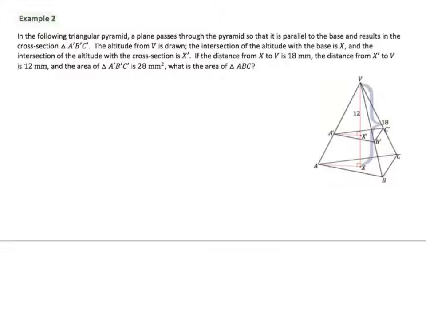So I have the altitude that's going through X and X prime, right? If the distance from X to V is 18, the distance from X prime to V is 12, and the area of triangle ABC is 28.